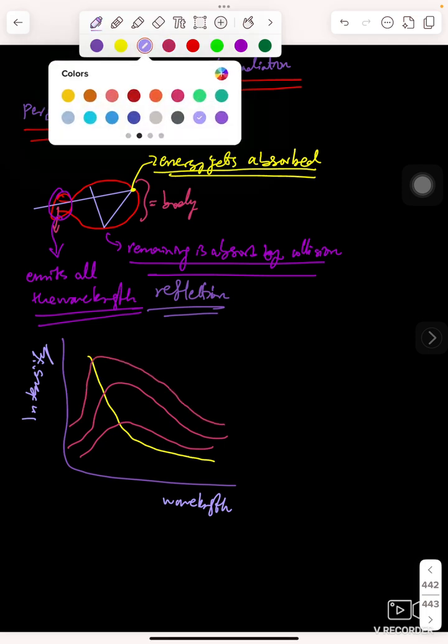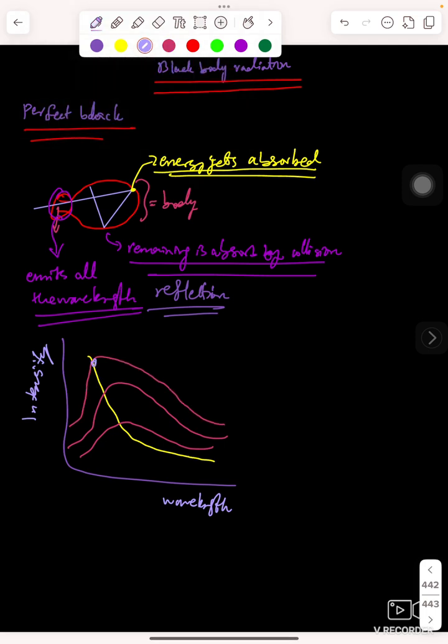Now what these points are, they are known as maximum lambda. Okay. And this maximum lambda is known through Wien's law.